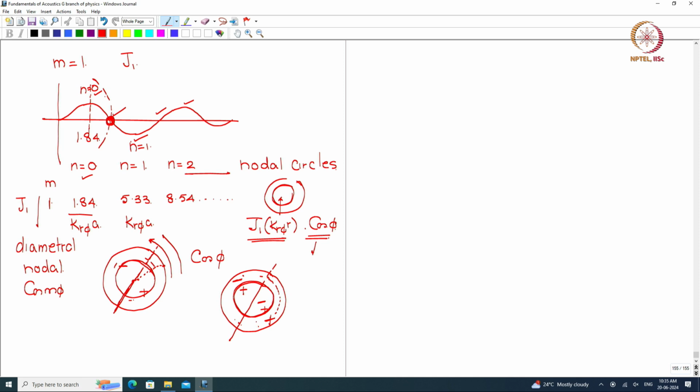There is a phase change, and the opposite happens inside the first nodal circle. So for n equal to 2 and m equal to 1, I will have one more nodal circle and further phase changes will occur. That is how this picture looks.